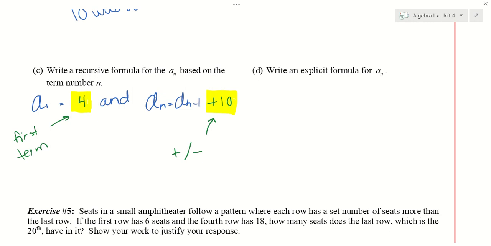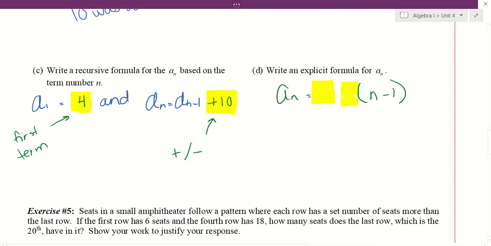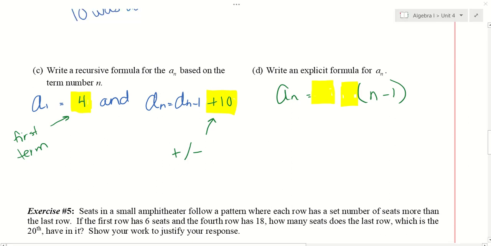Now, the explicit formula is where it gets a little trickier. How does the explicit formula work? Here's the things that will stay the same. That's it. So what changes is what is your starting term and what are you adding and subtracting by? So let's label these again: first term, adding or subtracting by.